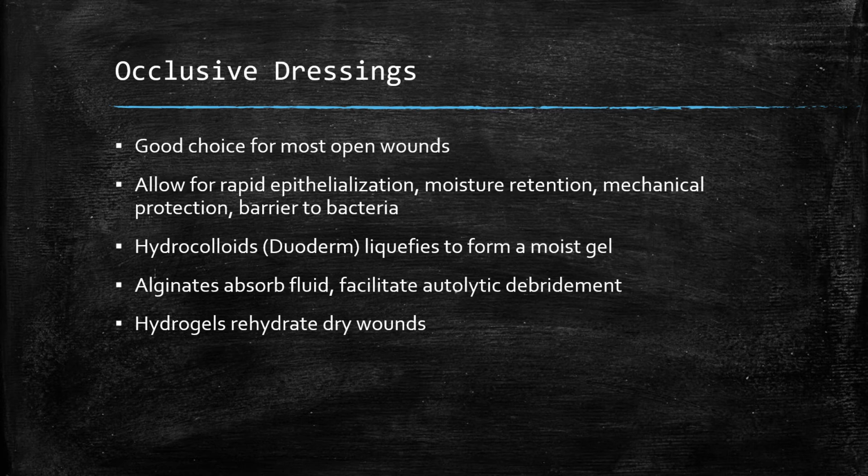A hydrocolloid like Duoderm is often chosen for early-stage pressure ulcers since it functions as a mechanical protection barrier. Alginates absorb fluid and are a very good choice for moist wounds like venous stasis ulcers. Hydrogels are a good choice for desiccated wounds.